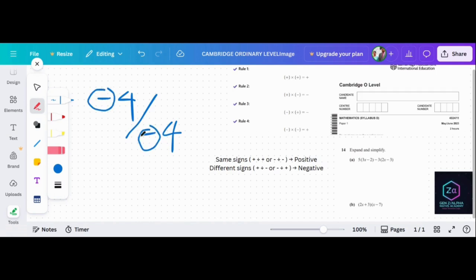Minus divided by minus is always positive, right? Positive 4 divided by positive 4 is also a positive number, positive 1, right? This is division.